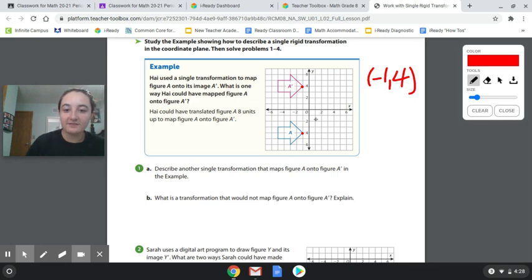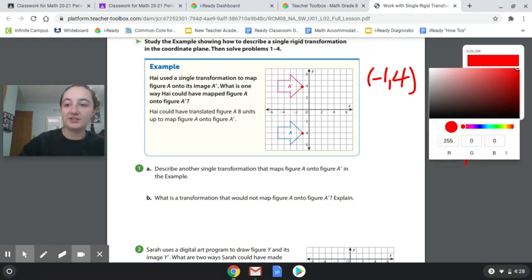If we rotated the figure one time this way, that would be a 90 degrees clockwise rotation. And remember that when we go 90 degrees clockwise, that is the same as (x, y) to (y, -x), which means that we have to switch the positions of the two.